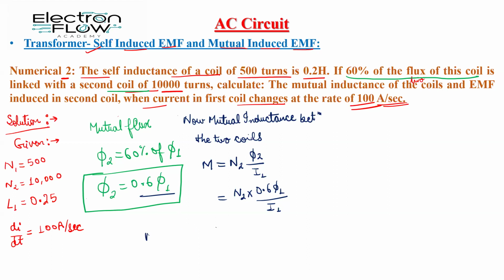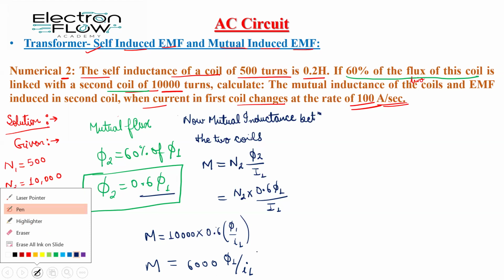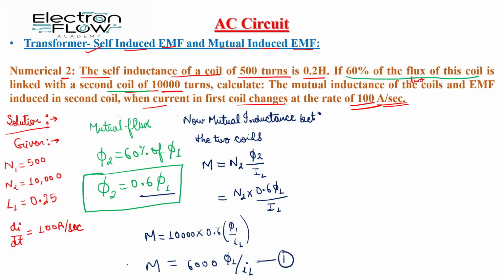Putting in the value, M is equal to 10,000 times 0.6 phi 1 divided by I1, or we can rewrite this as M is equal to 6,000 phi 1 divided by I1. This is our equation number 1.